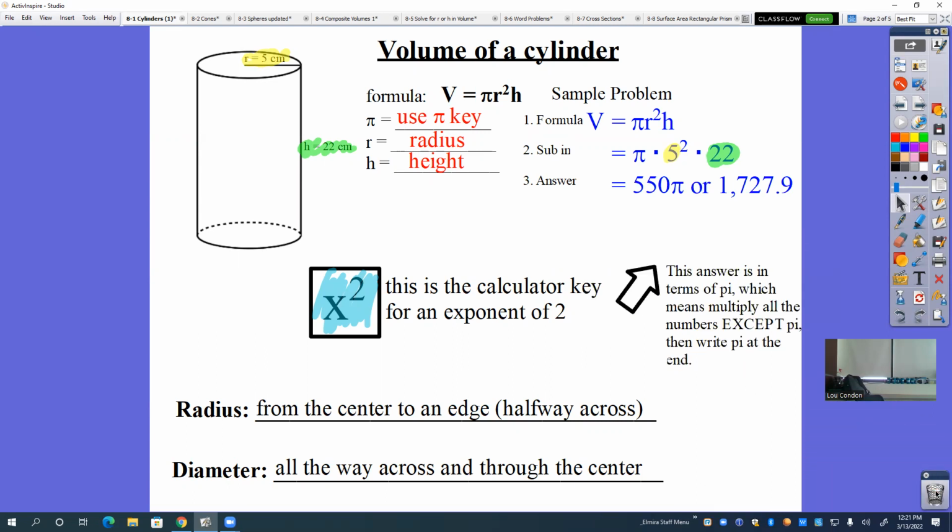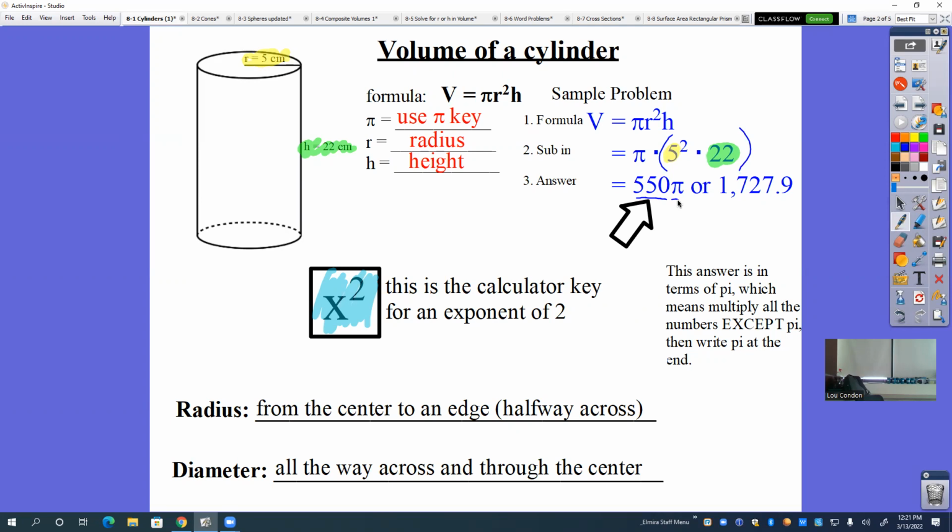When you do that, if the question says to leave it in terms of pi, you would leave it as 550 times pi. Or if it says round it to the nearest tenth, then it would be 1,727.9. If the question says specifically to leave your answer in terms of pi, then all you would do is multiply 5 squared times 22, which gives you 550, and you would just leave pi at the end of 550.